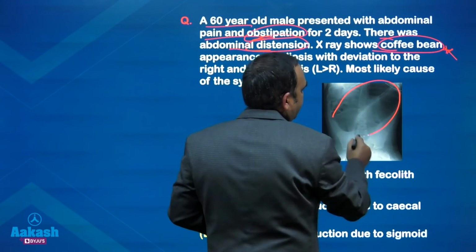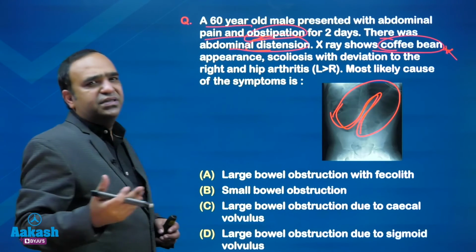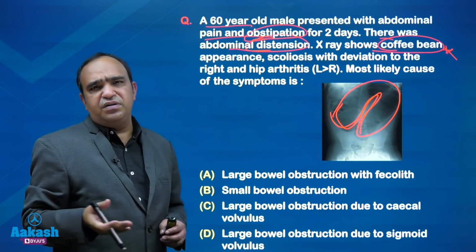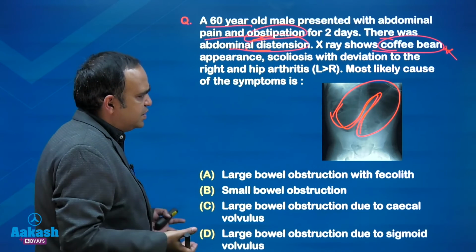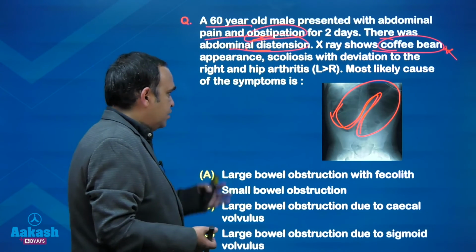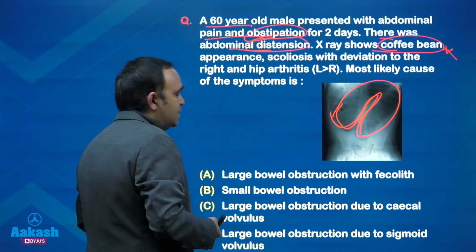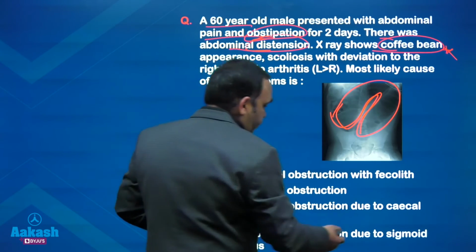So that's the coffee bean appearance, right. So classical coffee bean appearance, again simple and straightforward, n number of times this has been taught and discussed. Coffee bean appearance or inner bent tube appearance, this is classical of sigmoid volvulus.